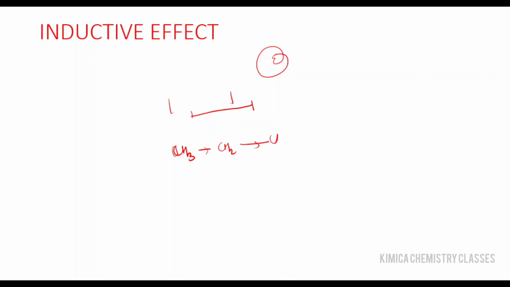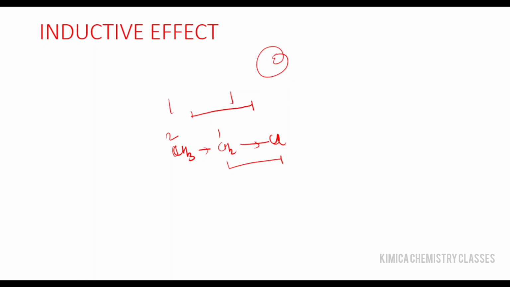So bond polarity leads to various electronic effects in organic chemistry. Let us consider this chloroethane, in which the C-Cl bond is a polar covalent bond. It is polarized in such a way that this is carbon 1 and this is carbon 2. So carbon 1 gains a positive charge, and the chlorine some negative charge.